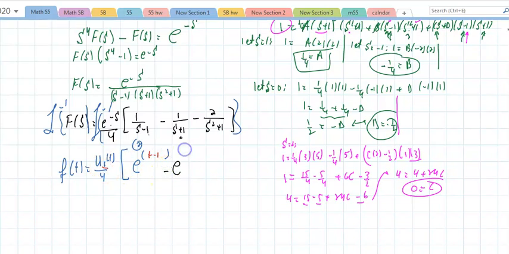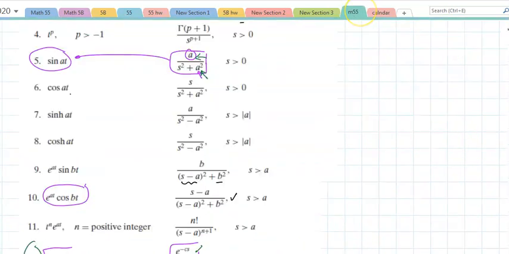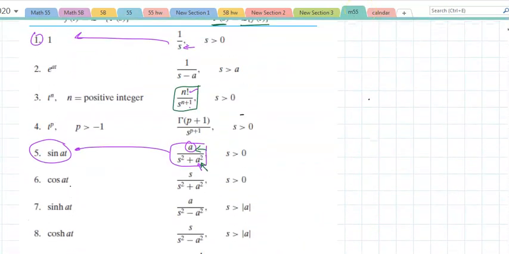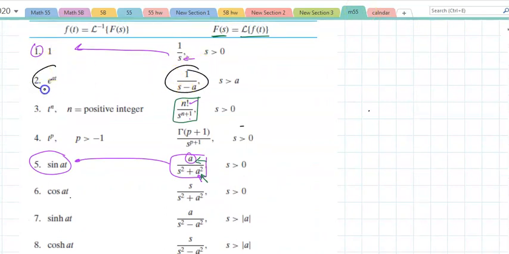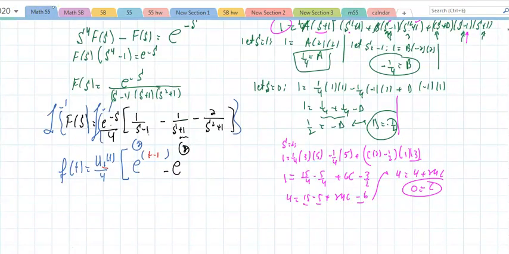Minus, this should be e to the negative t by 2 again. Let me make sure it is 2. It is by 2. Opposites. So that should be by 2 again. E to the negative t, but instead of t, it's going to be t minus 1, always because of that.